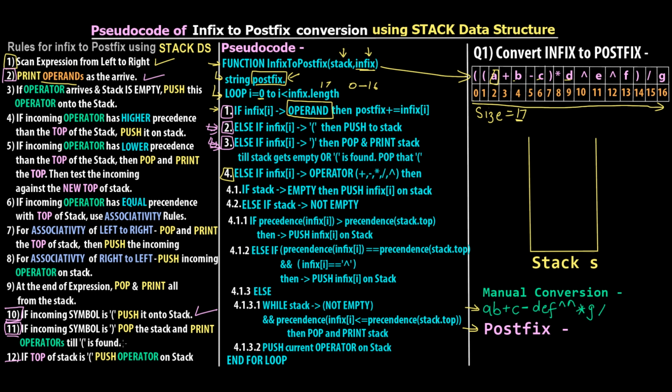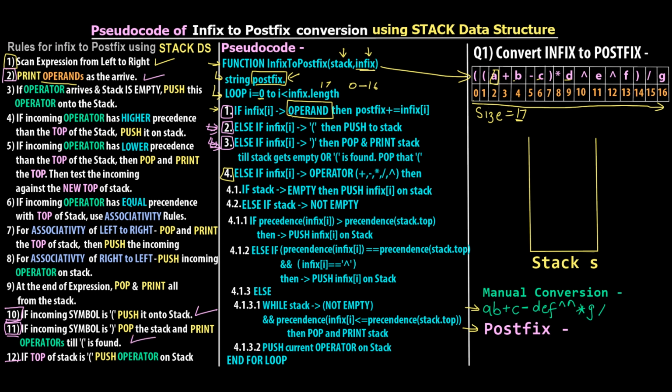That or condition is not mentioned in the rules because the rules are not very specific, since we are not writing the code using these rules. But when it comes to pseudocode, it has to cover all the conditions because those conditions are going to be implemented in the code, right? So when we get a closing bracket, we have to pop and print the stack, that is all the operators in the stack, till the stack gets empty or an opening bracket is found. So this rule number 11 is done.